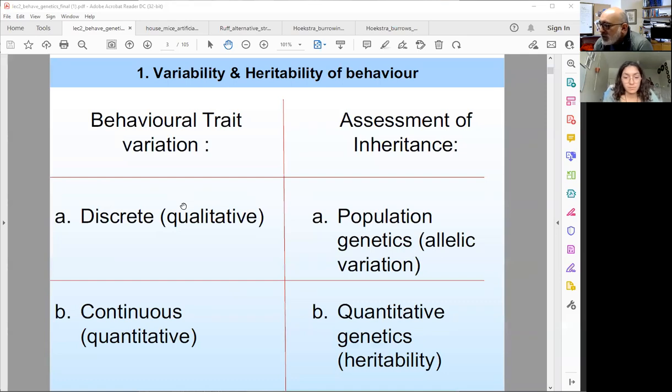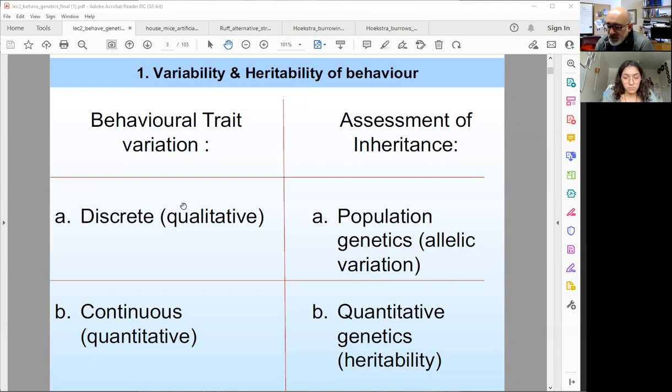But we can look at trait variation in two ways. One is discrete variation. And when I say discrete, I mean that there are very specific types of behavior. And it'll be more clear what I mean in a second. And then there is continuous variation.